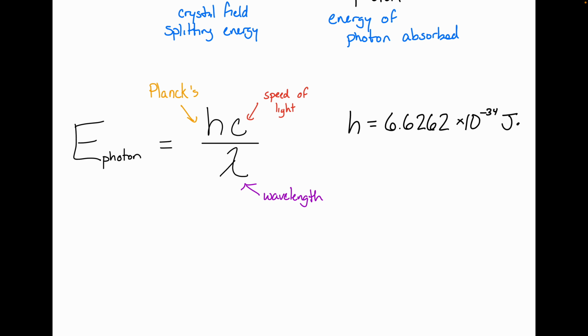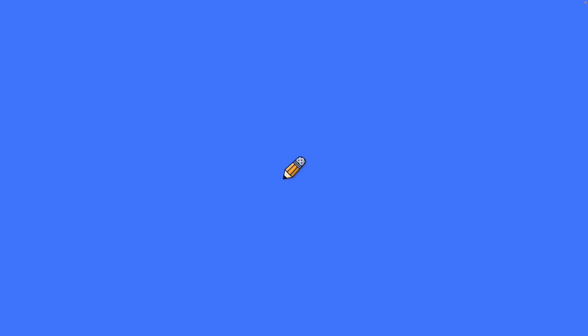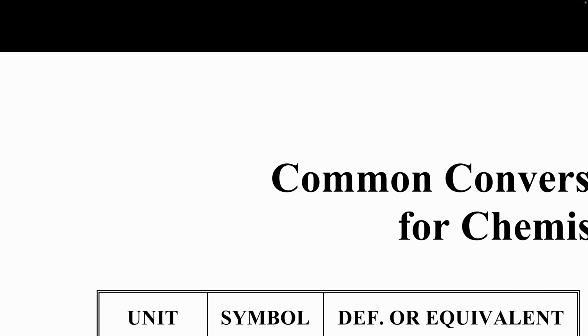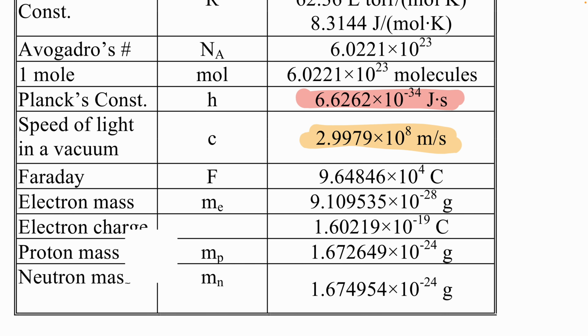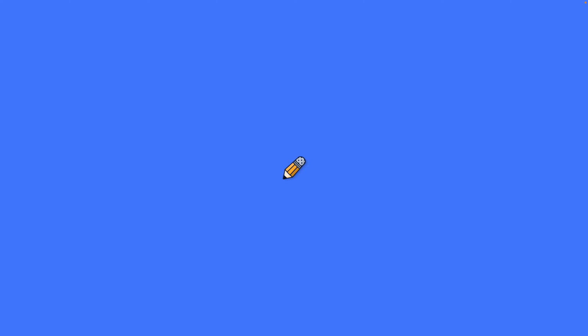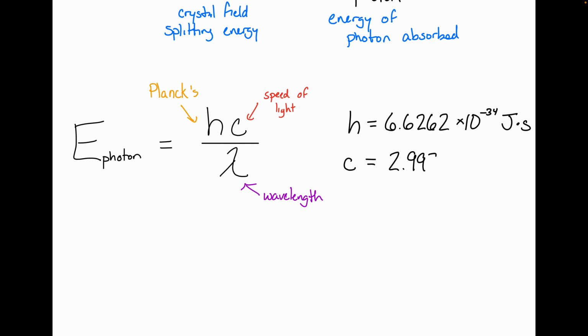Our units for H are joules seconds. And our speed of light here is in meters per second.